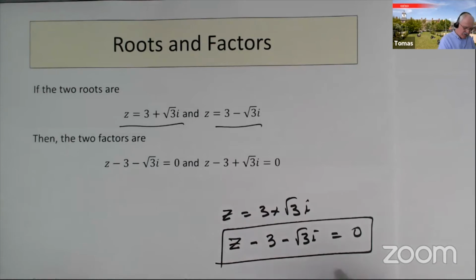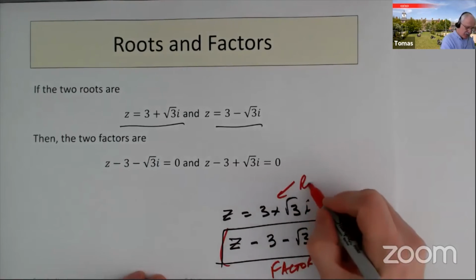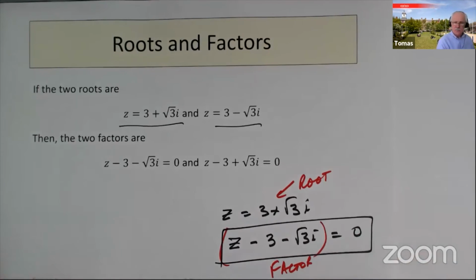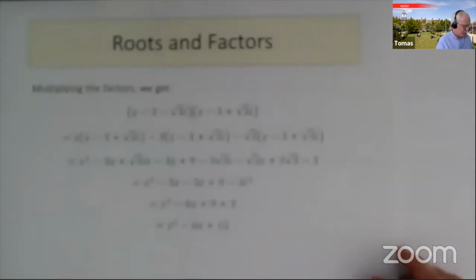And if that equals 0, this must be a factor, whereas this must be a root. So it applies exactly the same for complex numbers as we started with in real numbers and real equations.